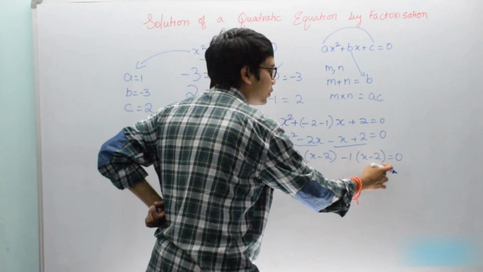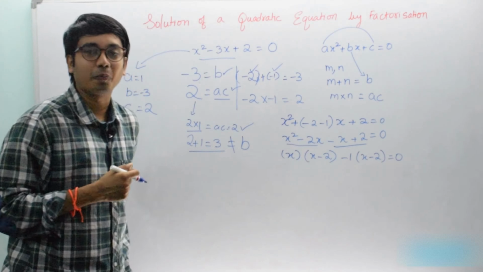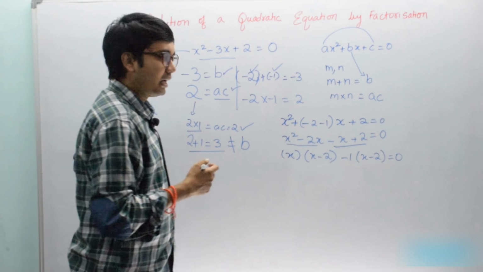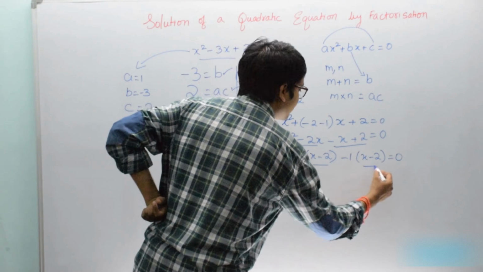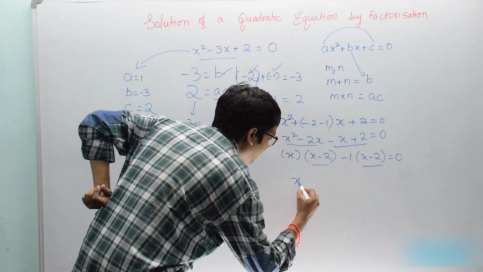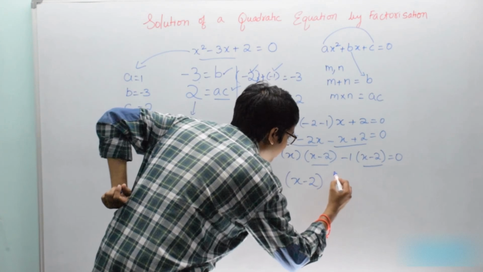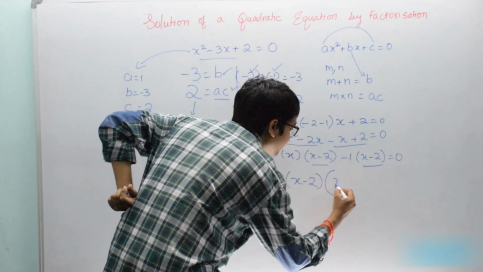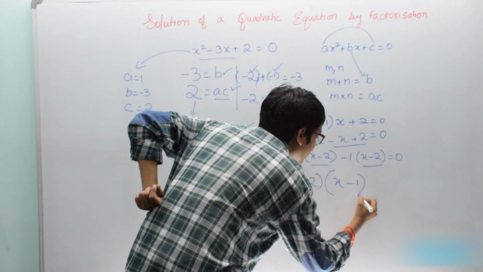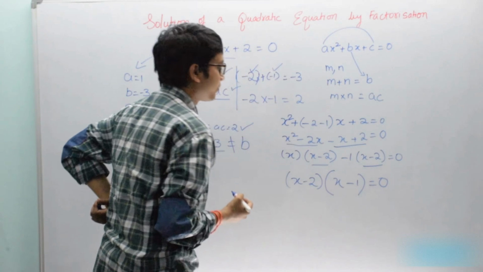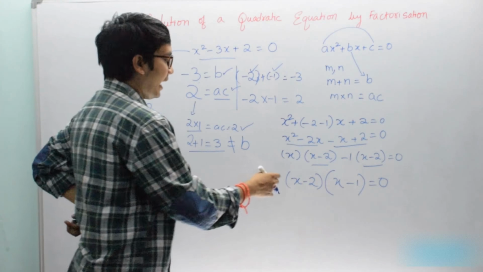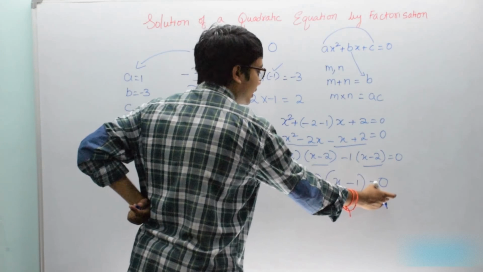So I'll have minus 1 into x minus 2, which is equal to 0. So students, x minus 2 is common. So let's take x minus 2 common, and we'll have x, and we'll have minus 1, which is equal to 0. So what I got, x minus 2 into x minus 1 is equal to 0.